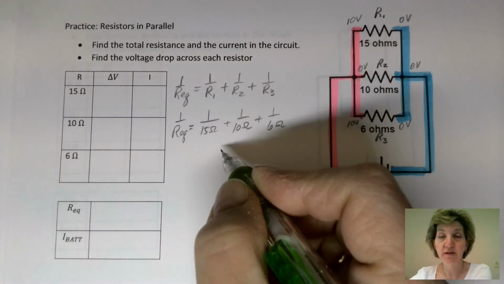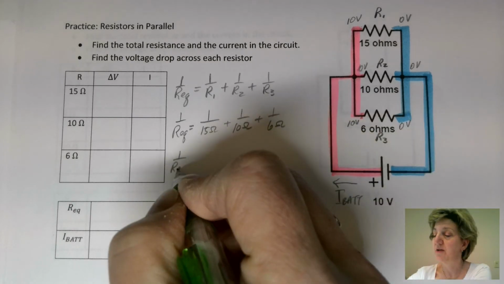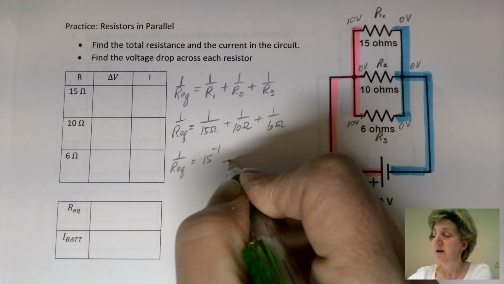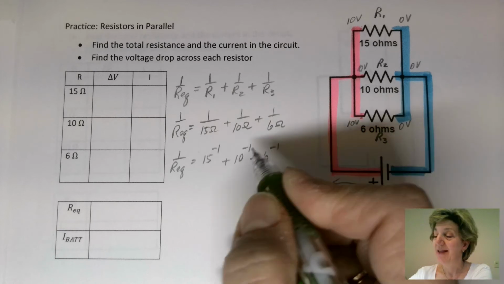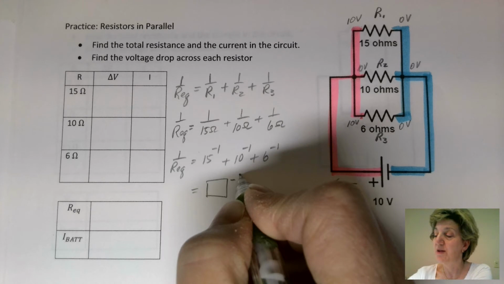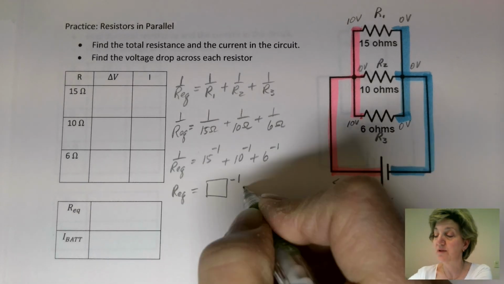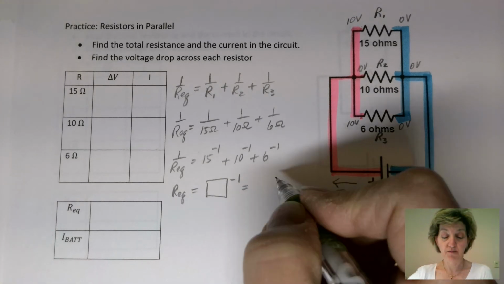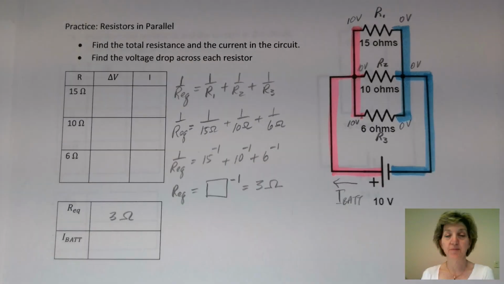Putting this in the calculator can be a little tedious, but this is what I suggest. Put 15 to the minus 1 plus 10 to the minus 1 plus 6 to the minus 1. Whatever this answer comes out to be, if you then raise that to the negative 1, you will get the overall resistance for the circuit, which in our case is 3 ohms. So we can put that right here, 3 ohms.